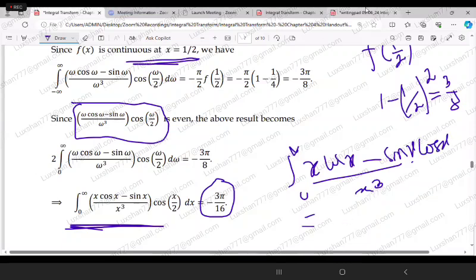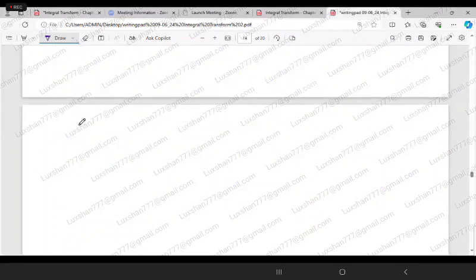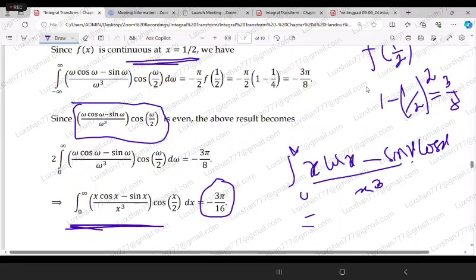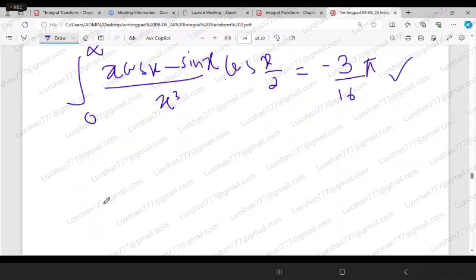Can anybody tell me? Here, actually, we want to find the integration 0 to infinity of (x cos x minus sin x) divided by x cube into cos x by 2. And we got the answer minus 3 pi over 60. That is the answer.